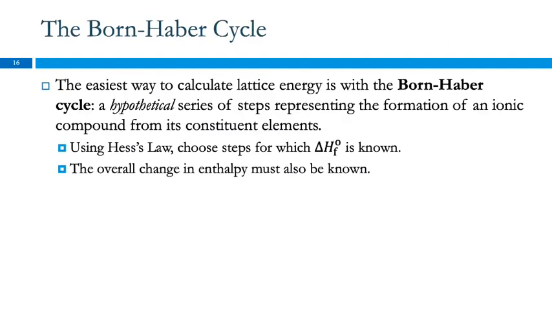Well, how do we know what that lattice energy is? The easiest way to do this is using what's called a Born-Haber Cycle. And this is using the idea of Hess's law. And Hess's law, remember, is that the change in enthalpy, because it's a state function, it doesn't matter how we get from the first place to the second place.